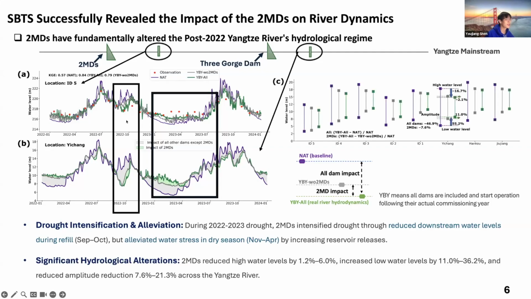And along the Yangtze River mainstream, these are the mainstream stations, and we quantified their hydrological alterations in water level. We found these two mega dams upstream reduced high water levels and increased low water levels, and overall they reduced the magnitude of variations across the Yangtze River.